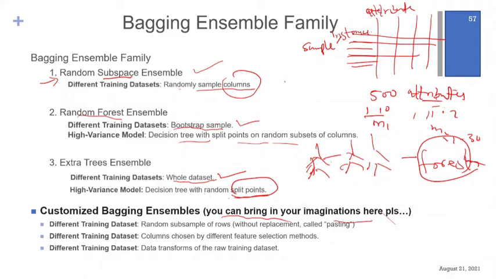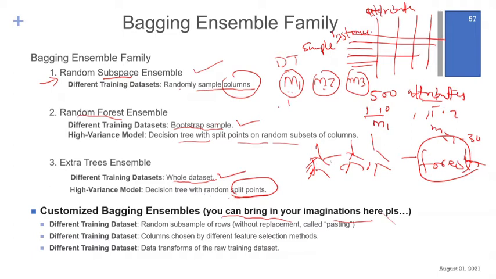This is model 1, model 2, model 3. We want models that can be trained to generate different models from one another. Even if I'm using the same model, for instance the same decision tree, I want the models produced to be different in attributes and characteristics.